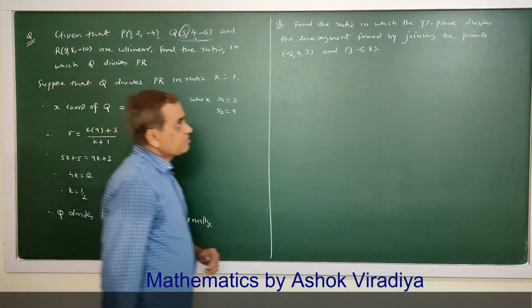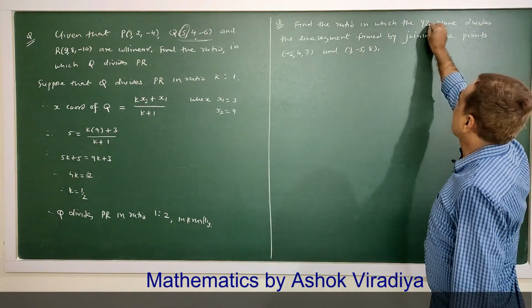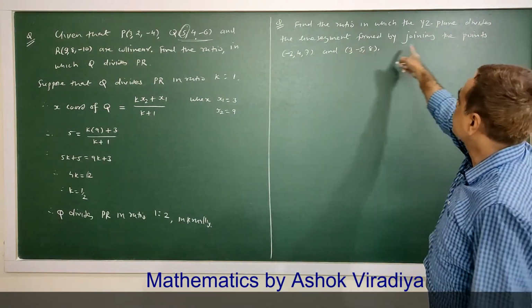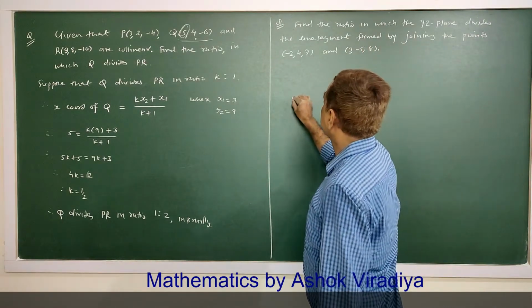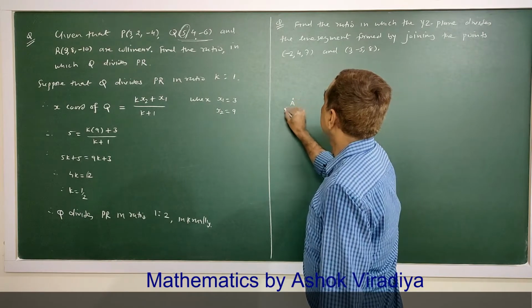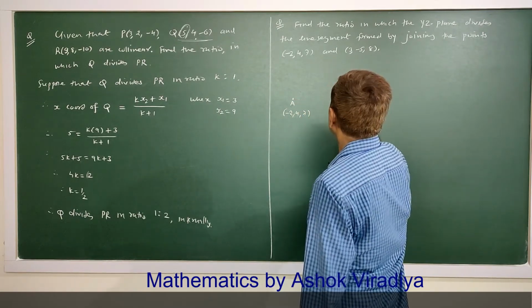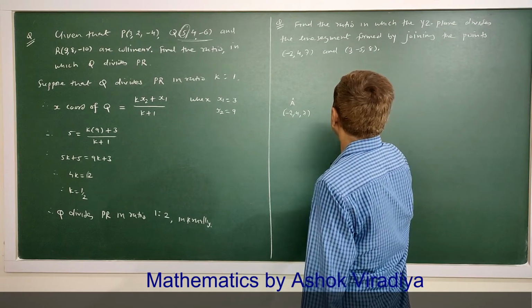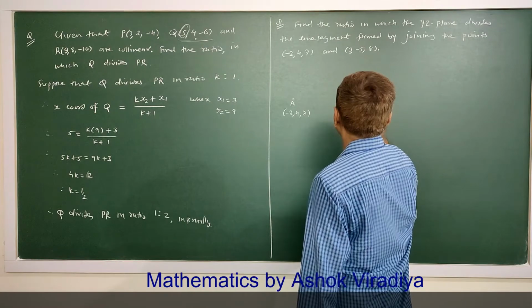Now with this question, find the ratio in which the YZ plane divides the line segment formed by joining the points. Say here, suppose this point is -2, 4, 7 and this point is 3, -5, 8.